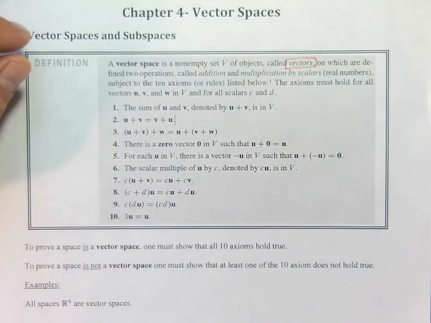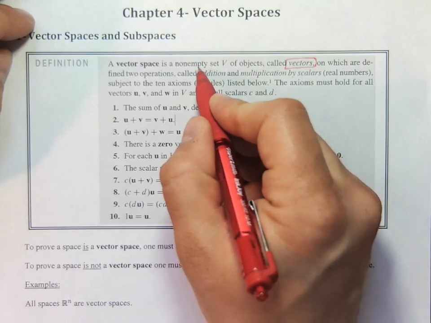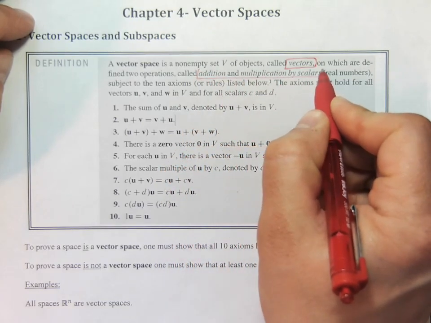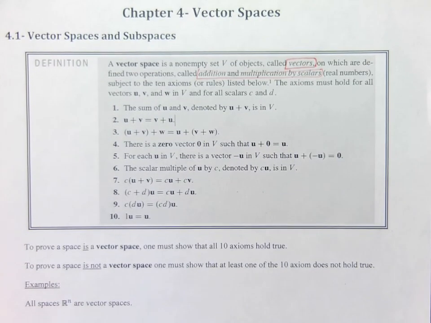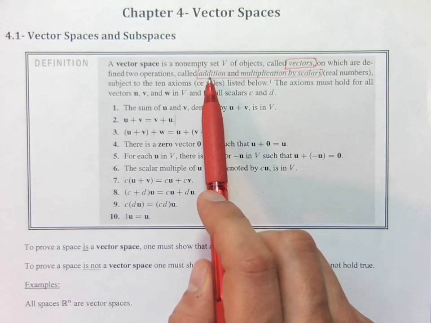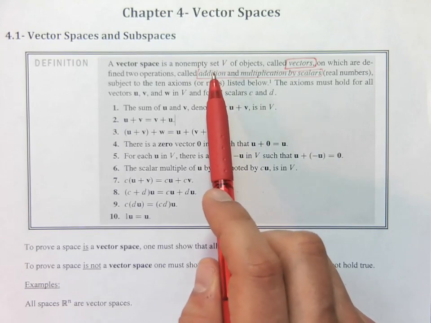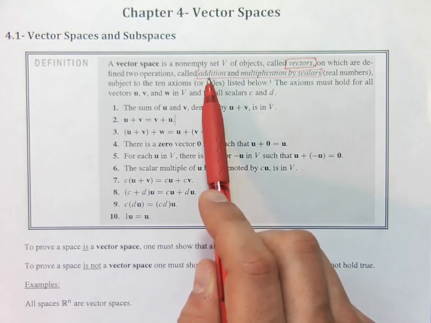The second thing I want to point out is when it says we have 2 operations called addition and multiplication by scalars, those 2 operations can be defined differently than we're used to. We're used to certain rules of addition, like when you add real numbers, you add the values together, or when you add vectors, you add the individual entries together.